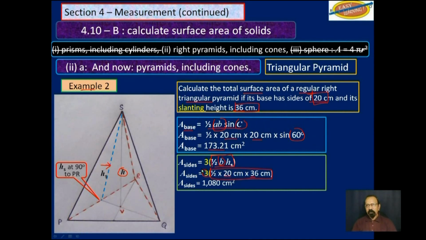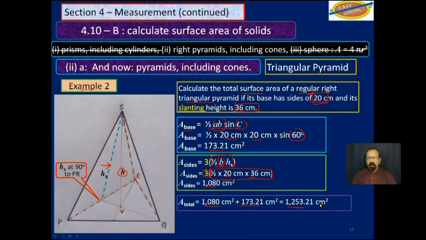We have 3 of those. So all 3 side triangles would have a total area of 1,080 square centimeters. So if we want the total area, we add those 2 areas, area of the side, area of the base, and we get 1,253.21 square centimeters.